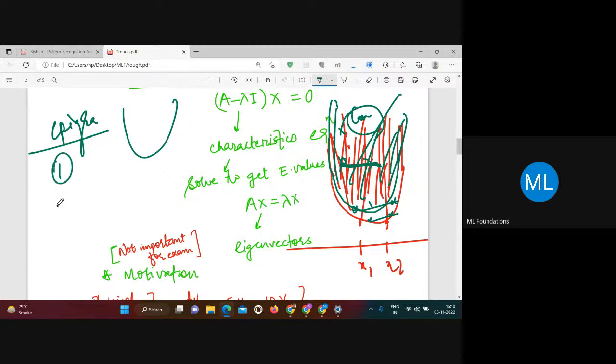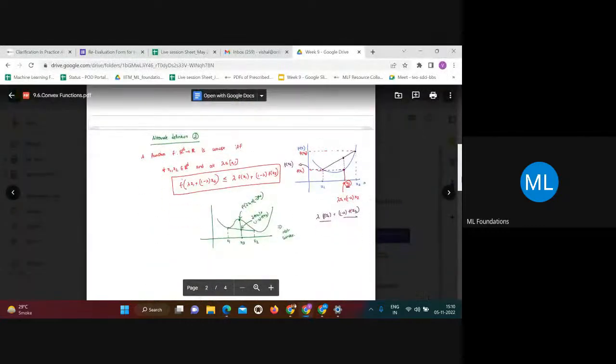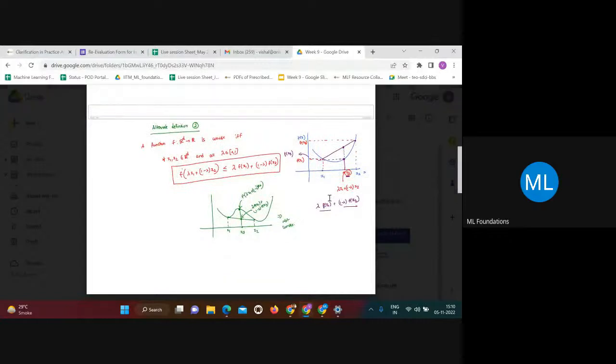The other way, I already told you, is to double differentiate and check whether it is negative or positive. And the third one, I guess there are some other things also discussed, another aspect you can check. How can you check that? Take x1 here and x2 here, and calculate the function's value at x3, where x3 is lambda x1 plus (1 minus lambda) x2.